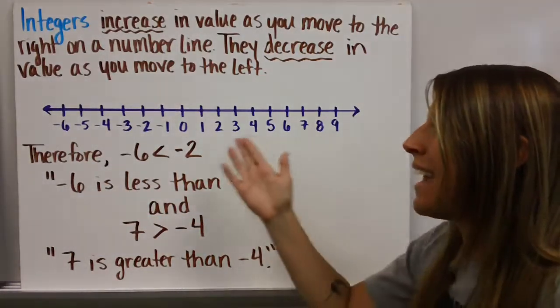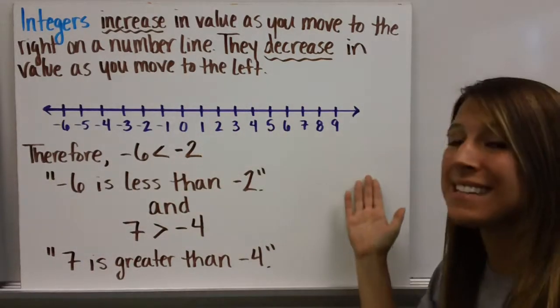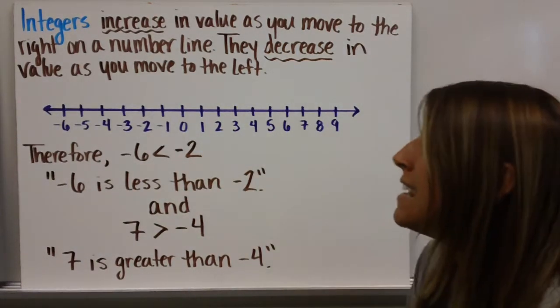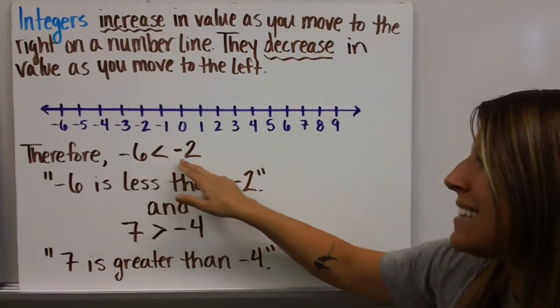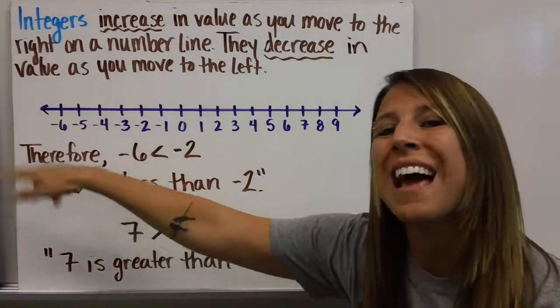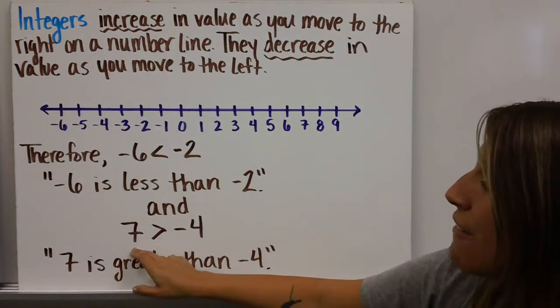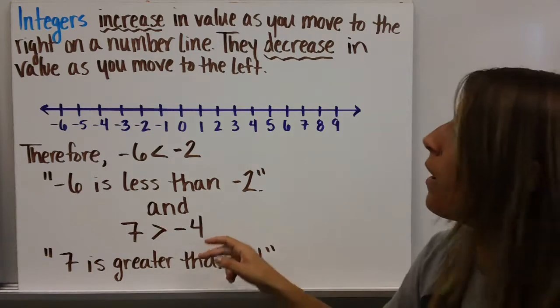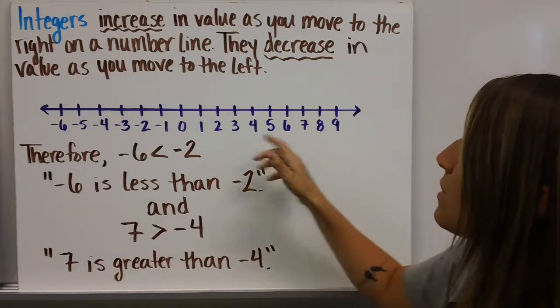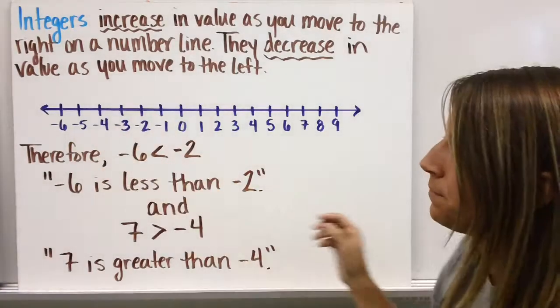We might say they get more negative as we move to the left and more positive as we move to the right. -6 is less than -2 because -6 is farther to the left on the number line than -2. And 7 is greater than -4 because 7 is farther to the right on the number line than -4.